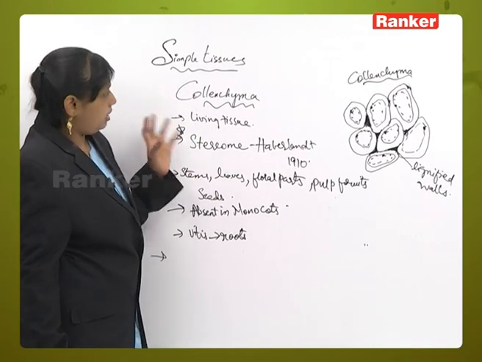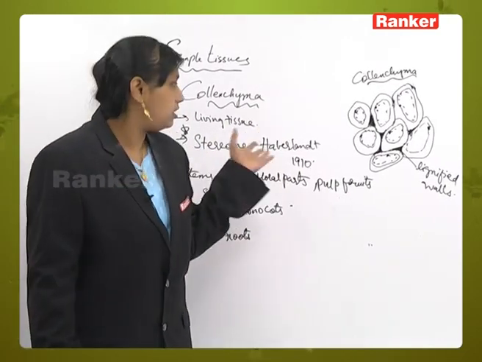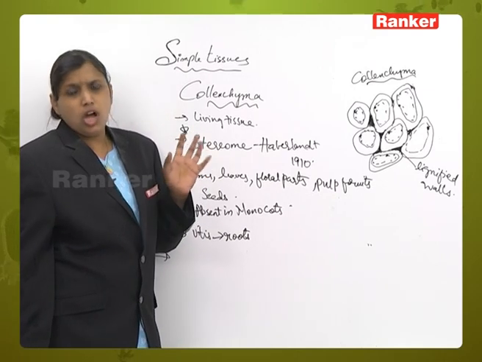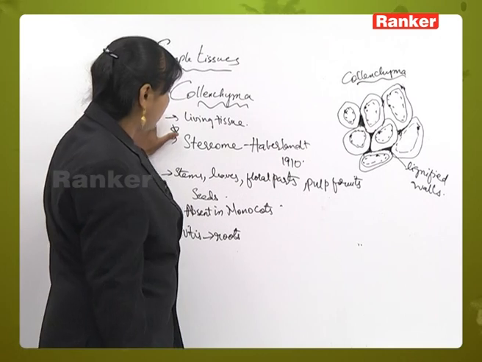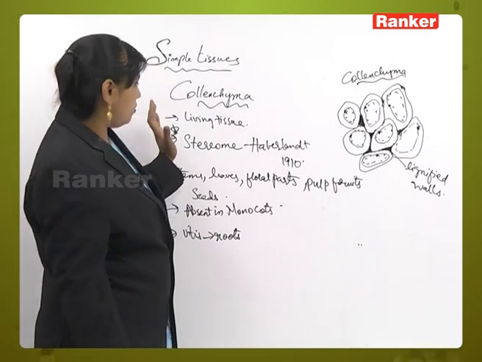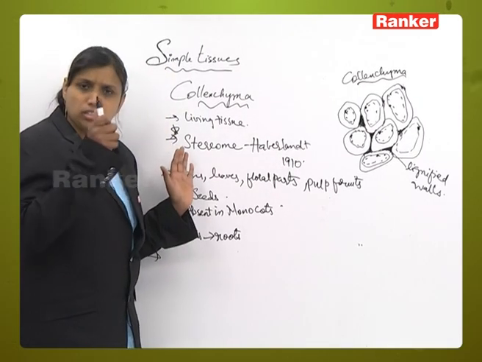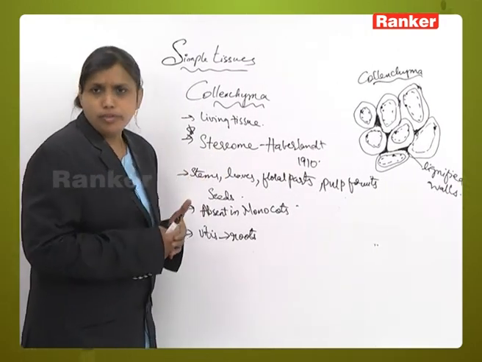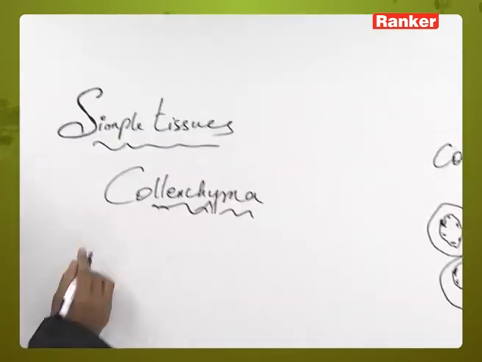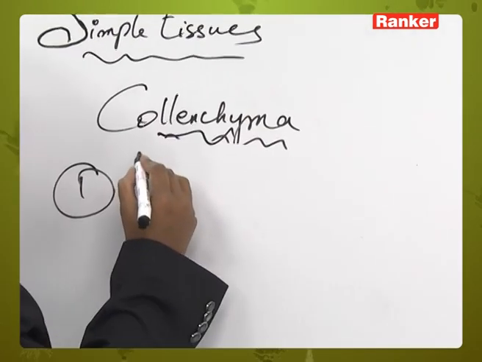Now, there are different types of Collenchyma tissues on the basis of the cell wall thickenings present. On the basis of the position where the cell wall thickening is more, there are 3 to 4 types of Collenchyma cells.